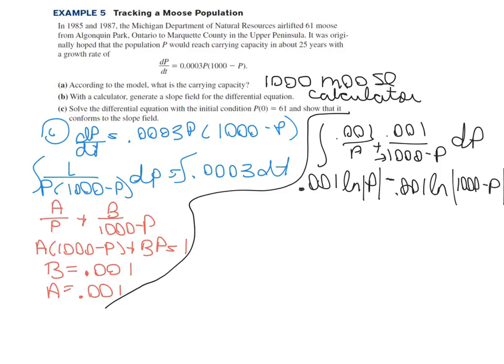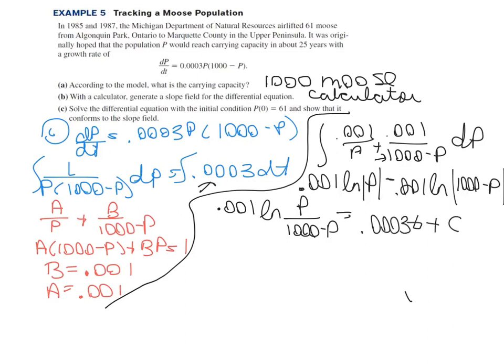All right, and then if we go ahead and put these two together, what we're going to end up with is 0.001 natural log of p over 1,000 minus p. And then that's going to be equal to, because when we take the integral here, we would get 0.0003t plus C.